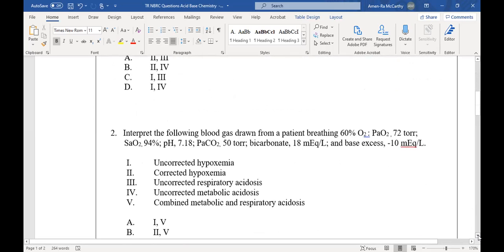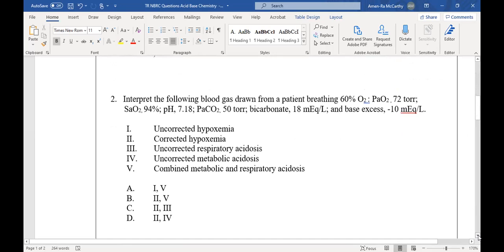Look at number 2. Interpret the following blood gas drawn on a patient breathing 60%. Now, this patient is on oxygen. Okay? He has a PaO2 of 72 torr. His sat is 94%. A pH of 7.18. CO2 of 50. And a bicarb of 18.